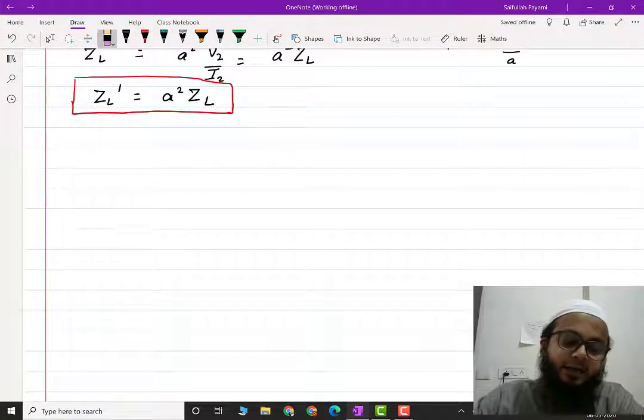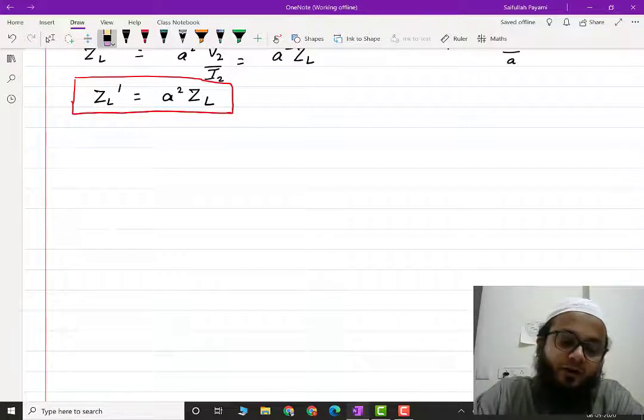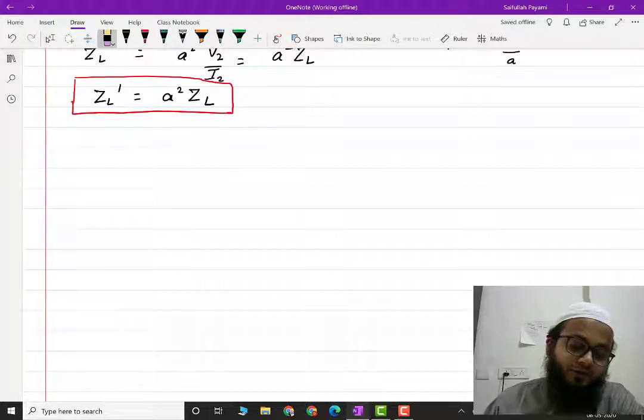So ZL dash would be given by the square of the turn ratio, A square, times ZL. ZL is the impedance at the secondary side, and if I want to bring it to the primary side, then I have to multiply it by the square of the turn ratio, or the transformation ratio. That gives me the impedance which the primary side is observing.